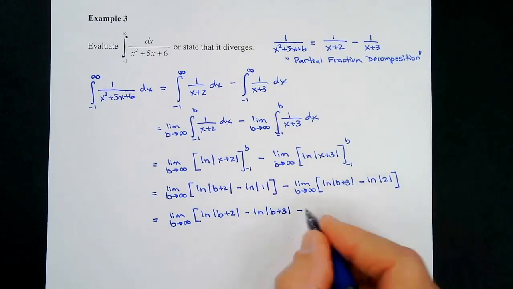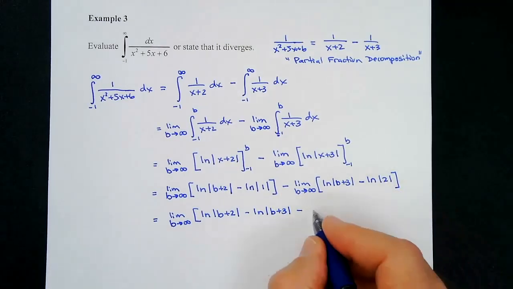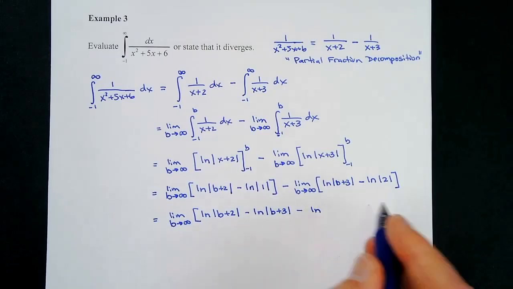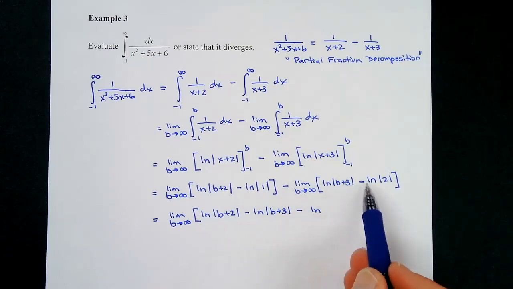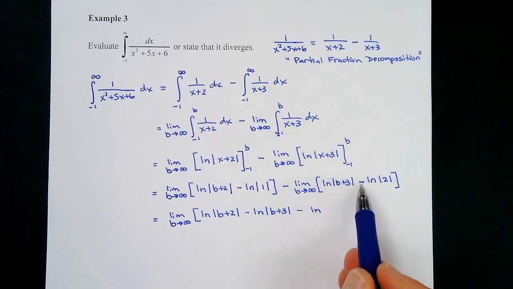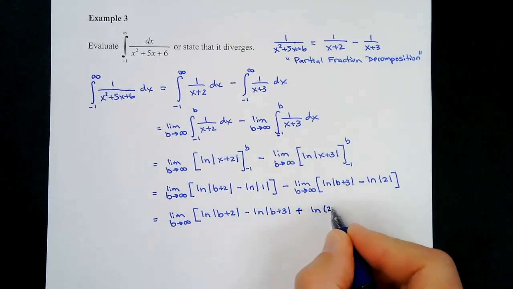And then minus, we really don't need the absolute value because 2 is already positive, so we could rewrite this as just ln of 2. I'm sorry, I made a mistake there. When we pull this out, we have to subtract this one, but because we're subtracting here and we have to distribute, this is actually going to become plus. So plus ln of 2.